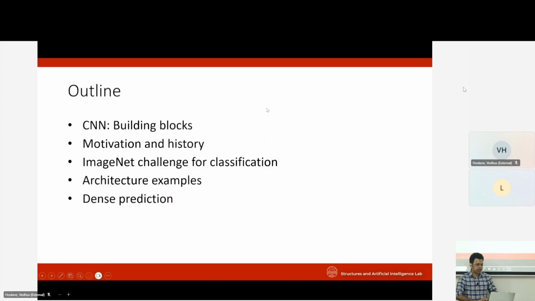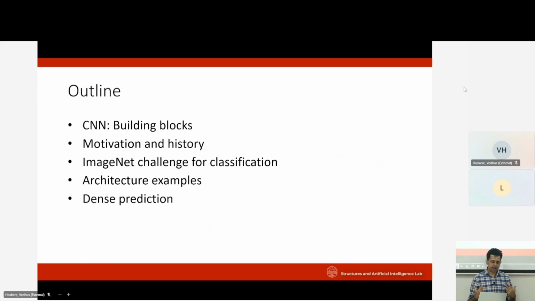Today I want to talk to you about how CNNs work and how to train them. I'll also give you some examples of modern deep learning architectures. We'll quickly look at the transformer mechanism also. The transformer is the basic building block for modern AI systems, including GPT, which stands for generative pre-trained transformer.